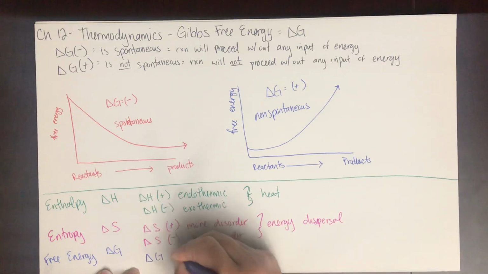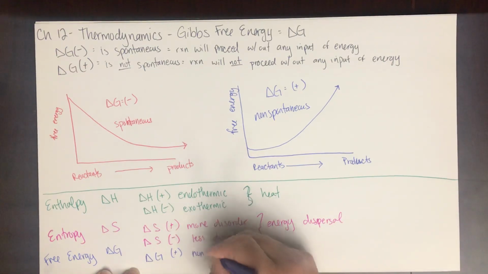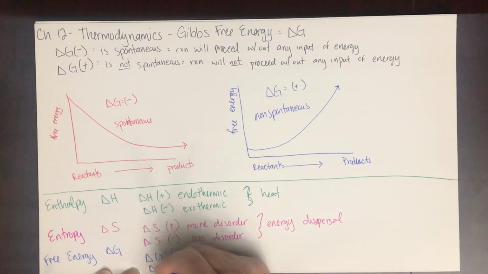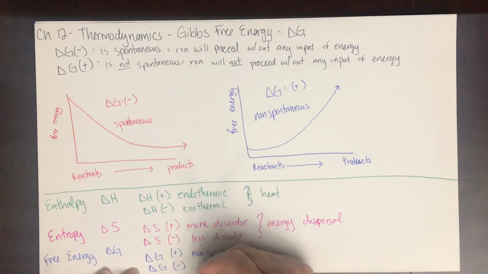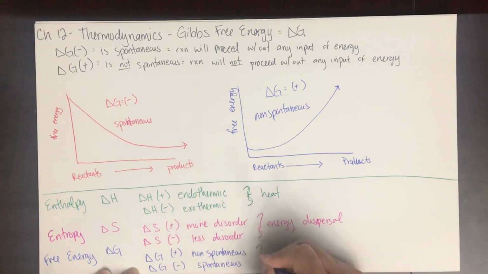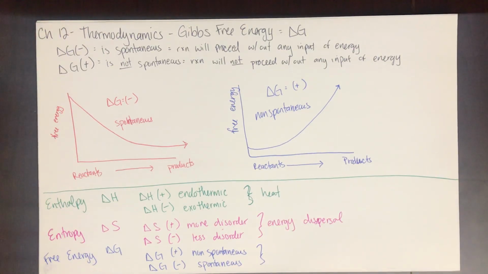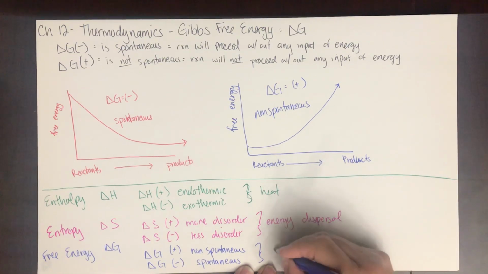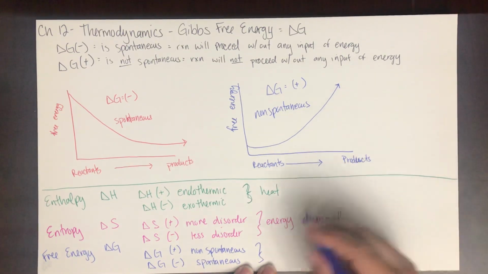If delta G is positive, this is non-spontaneous. If delta G is negative, this is spontaneous. And this has to do with whether a reaction will happen on its own or not. So we could also say, is this reaction favorable or not?